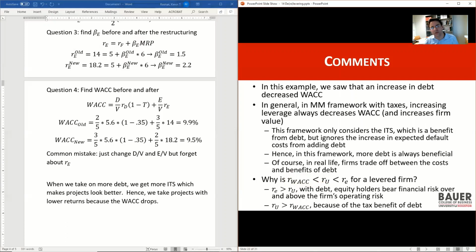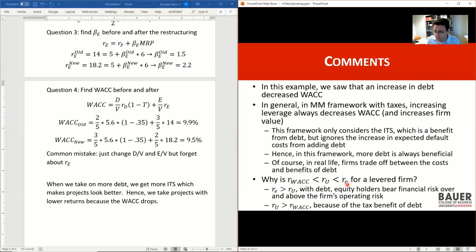That's what your operations are going to need to earn. But those don't include your tax shields. The WACC is including the tax shields, and that's why it's pushing the discount rate down. You're getting an extra benefit from the tax shields, and so your required return is lower. So the return on the weighted average cost of capital is going to be lower than the return on the assets because of the tax shields.